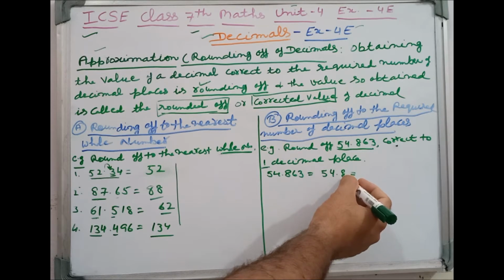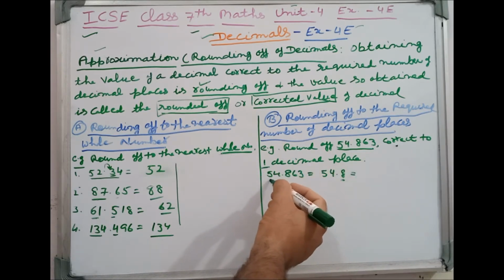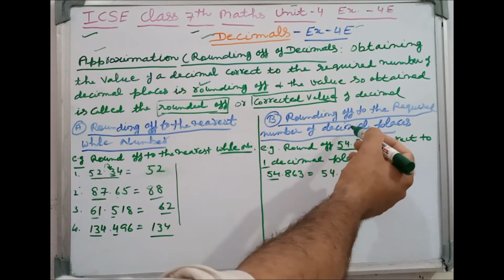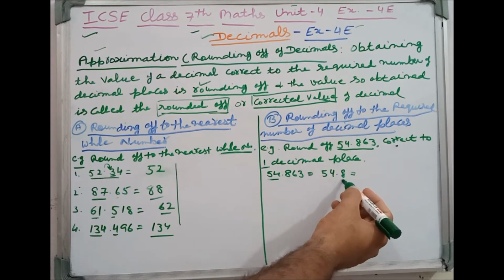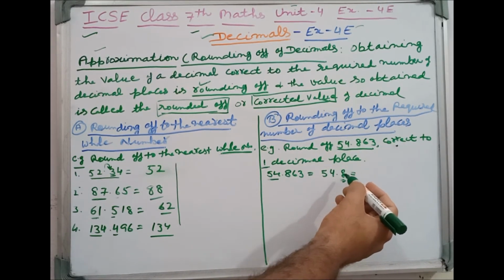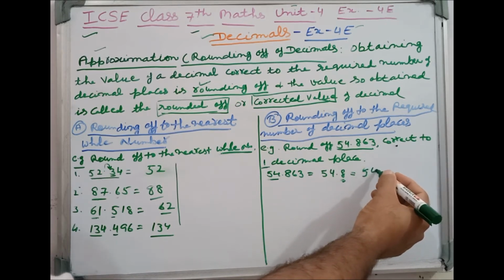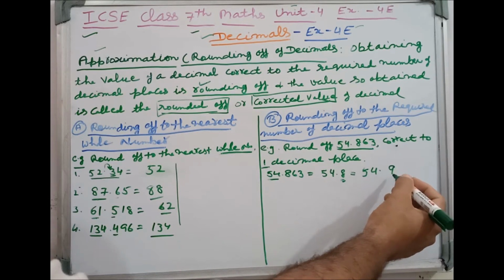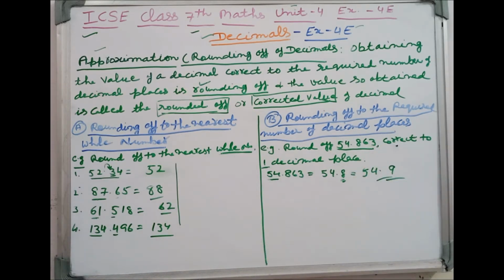More than 5, we will add 1, but this time not in the whole number portion, because we have to round off the decimal places. One decimal place we have to round off. This is one decimal place. This is more than 5, we will add 1 in it. So our answer will become 54.9. So our rounded off number will be 54.9. Quite easy, no problem.